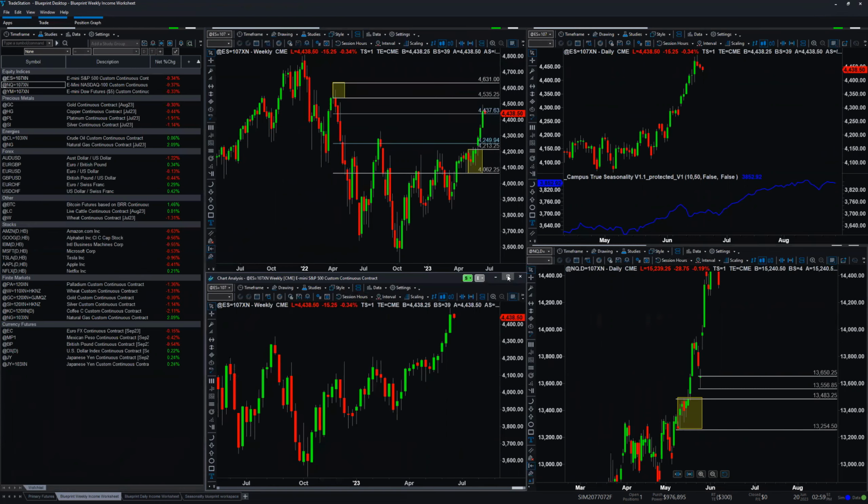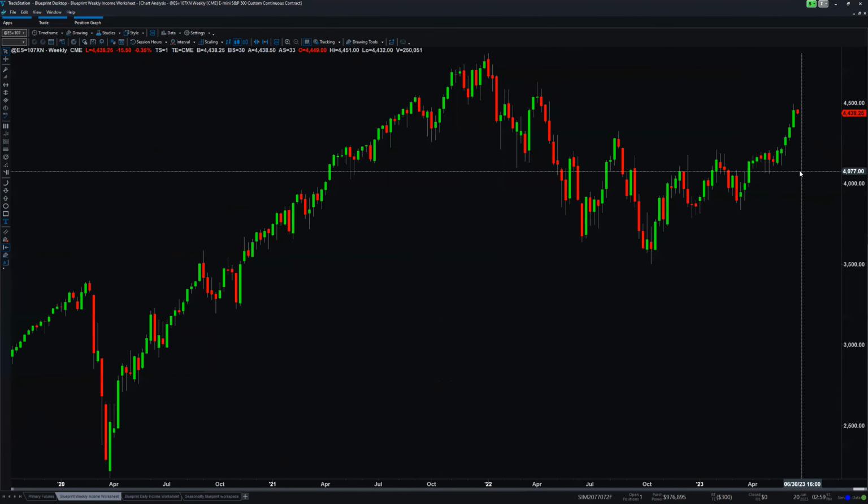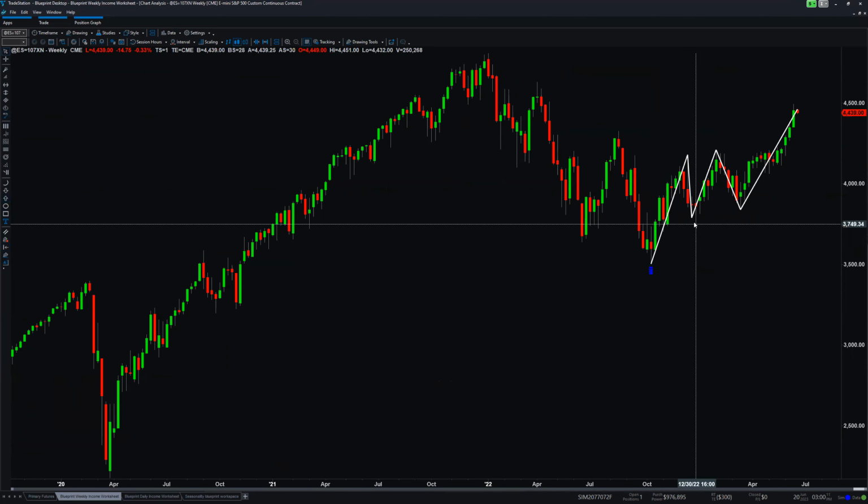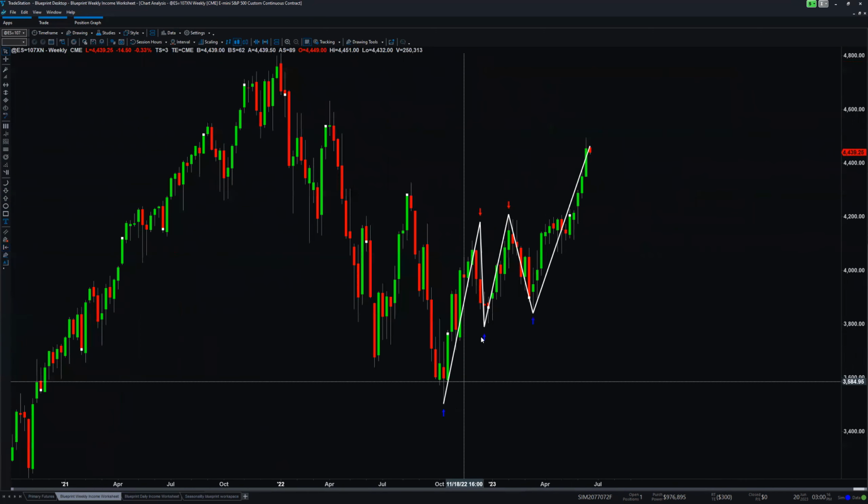Let's look at the trend condition. We've got 2 higher lows.